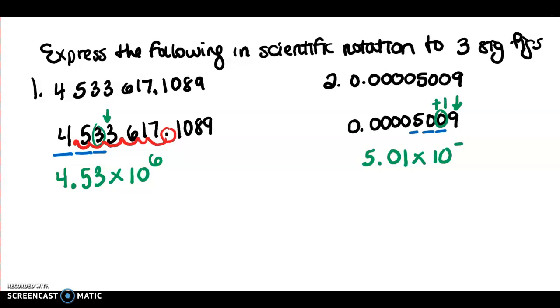I know it's negative because it is a number less than 1. So again, what we do is count where our decimal place originally was and how many places we moved it. We moved it 1, 2, 3, 4, 5 places. So it is 5.01 times 10 to the negative 5.